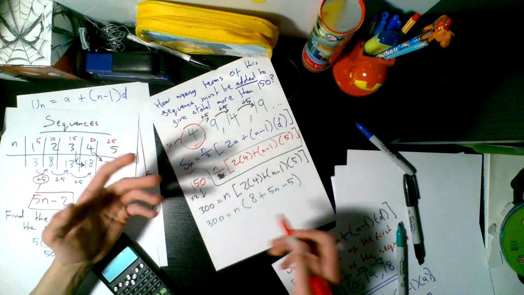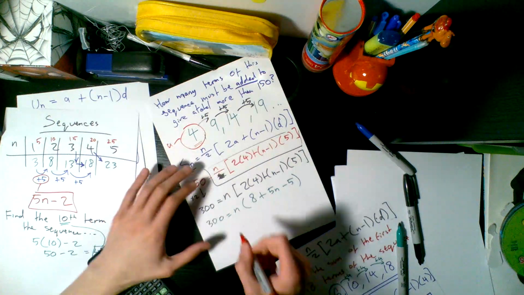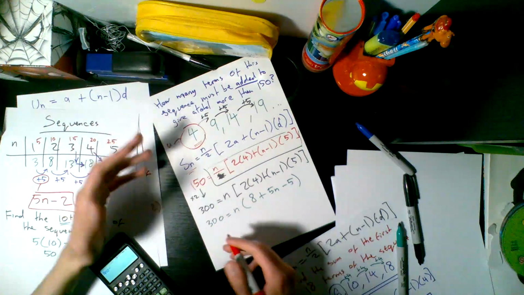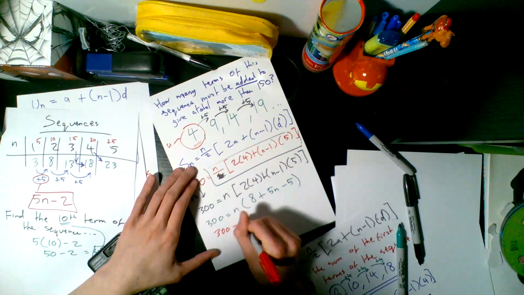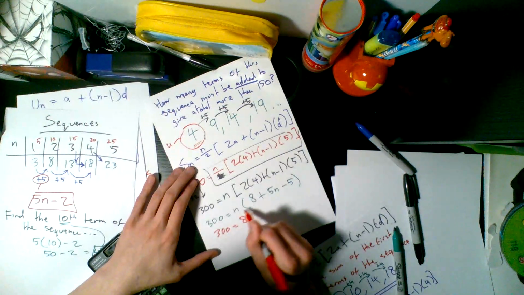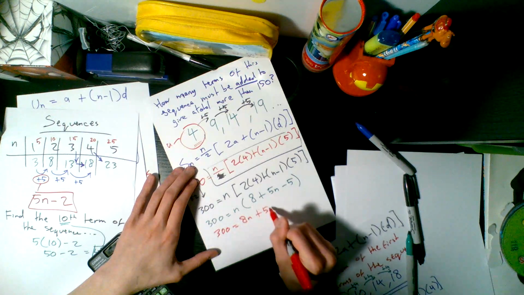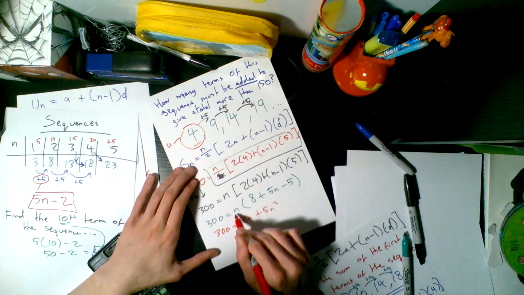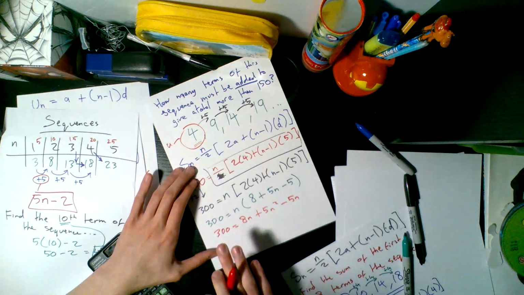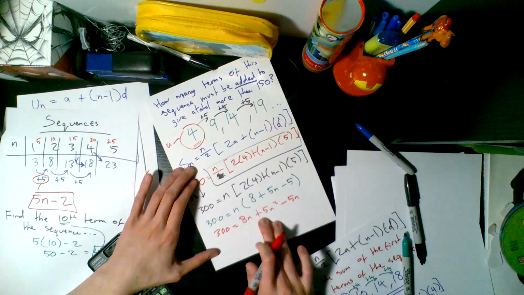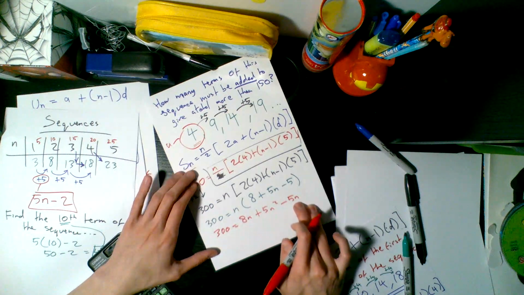Then it's easy, you just have to expand the brackets. It's skills you have gained from other topics. So 300 equals 8n, expand n times 8, n times 5n, 5n squared, n times negative 5, minus 5n. So 300 equals 8n plus 5n squared minus 5n.